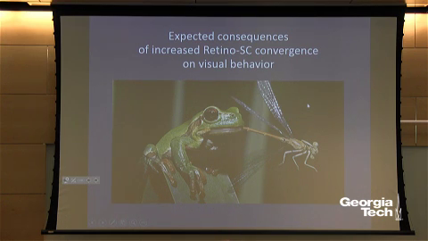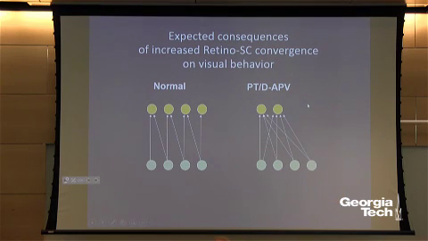So even though we have a maintained receptive field size, maybe we can go back to our original question and address whether convergence from the retina is playing a role in the size and velocity tuning of these neurons. So remember that this is our manipulation.